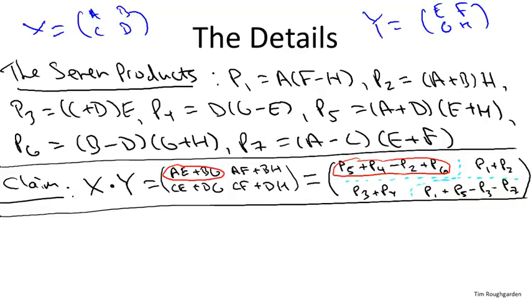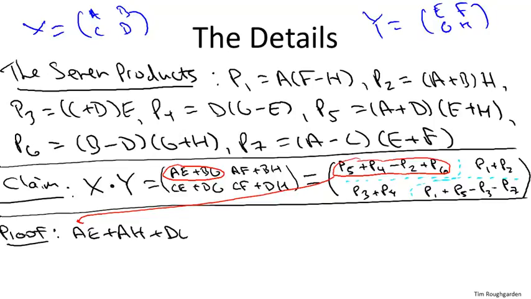So let me, just so you believe me, because I don't know why you would believe me unless I actually showed you some of this derivation, let's just look at the proof of one of the cases, the upper left corner. So let's just expand out this crazy expression, P5 plus P4 minus P2 plus P6. What do we get? Well, from P5 we get AE plus AH plus DE plus DH.